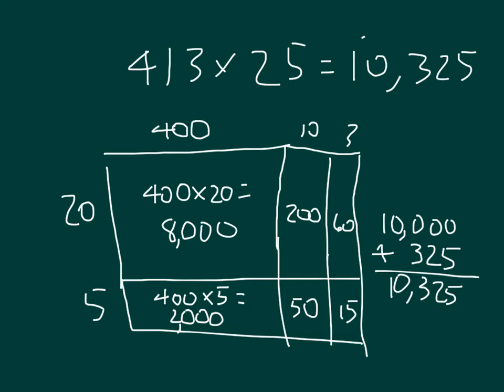So when we had 2 digits by 2 digits, we had 4 total boxes and 4 numbers to add together. We had 3 digits by 2 digits. We actually have 6 numbers to not only figure out, but also 6 numbers to add together.